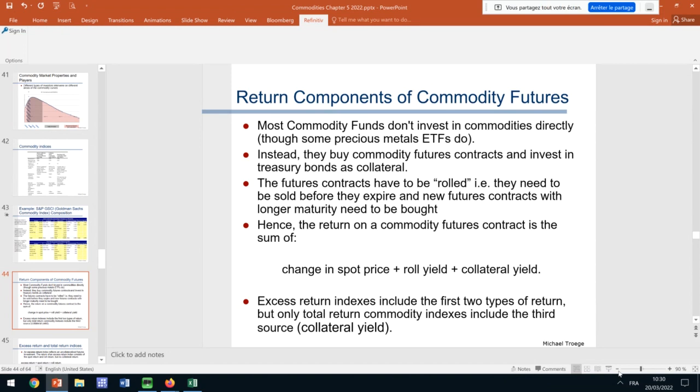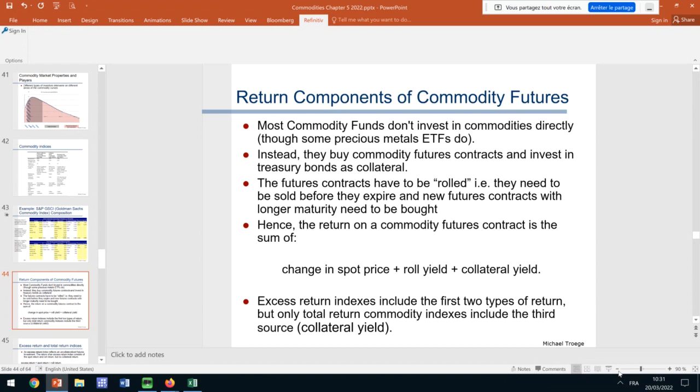So what is the strategy of these funds? Well, first of all, the funds will have to invest the money in collateral. So they will take your money and invest it in government bonds and in the margin. But the margin is also normally remunerated simply with the risk-free interest rate. So actually your money goes into the margin and into government bonds, and then they add a futures contract.